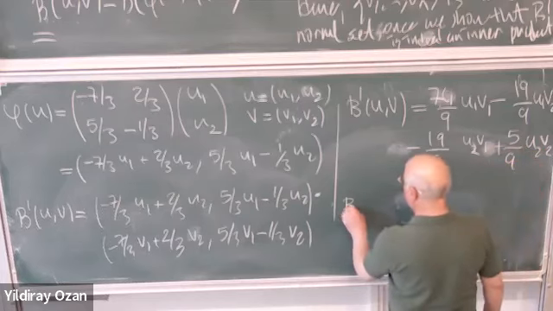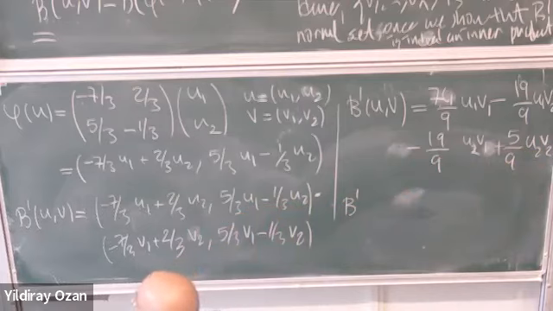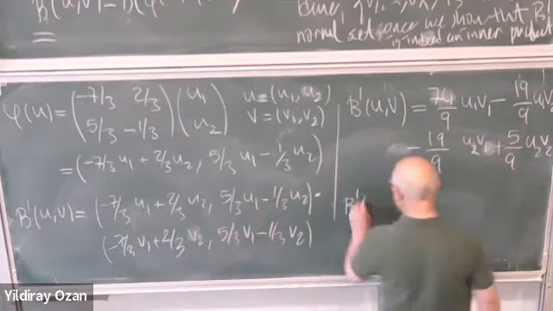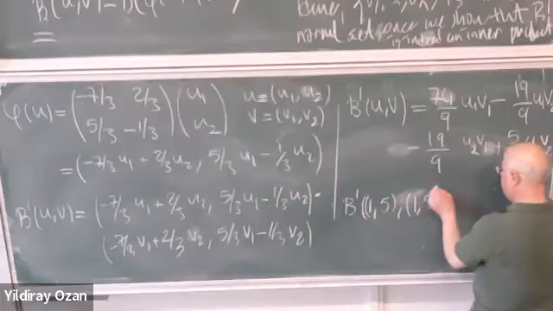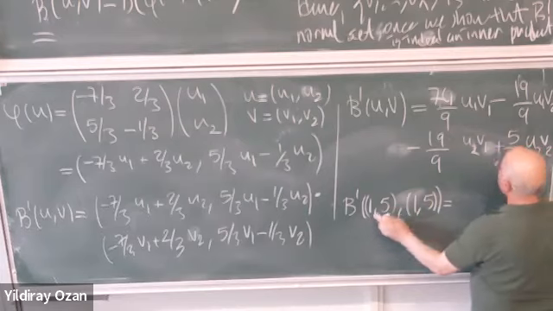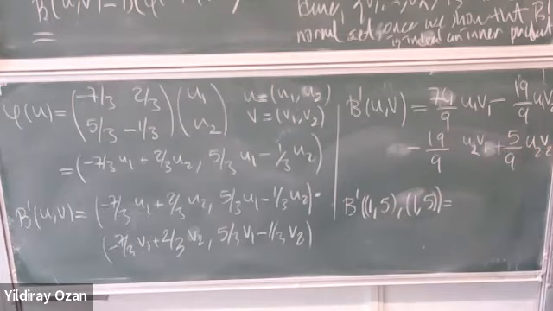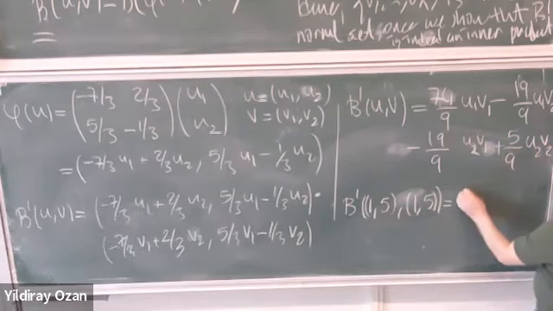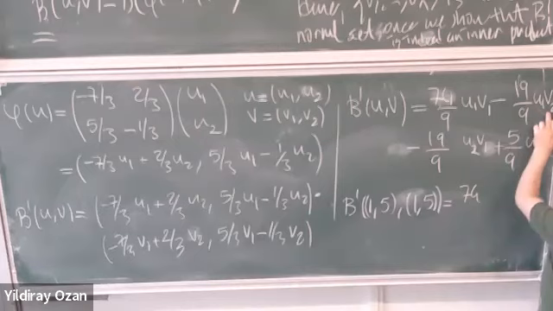Bakalım mesela şu iç çarpım neydi? Hangi vektörleri biz almıştık? 1, 5 ve 2, 7. 1, 5'in kendisiyle iç çarpım neydi? So U1, U2 is 1 and, no, U1 V1 is 1 and U2 V2 is 5. Yani bunlar 1 oluyor. Burası 1, 74. Evet. 1 ve 5.